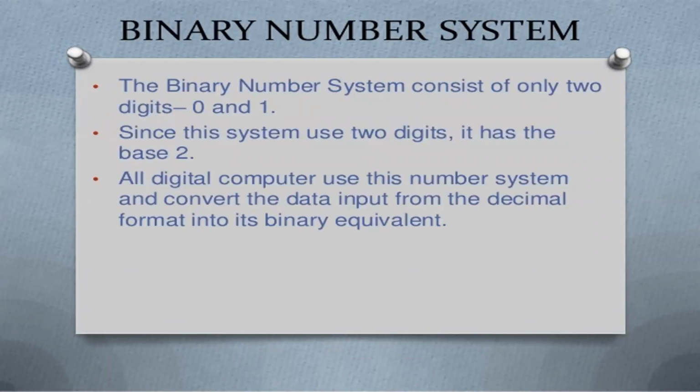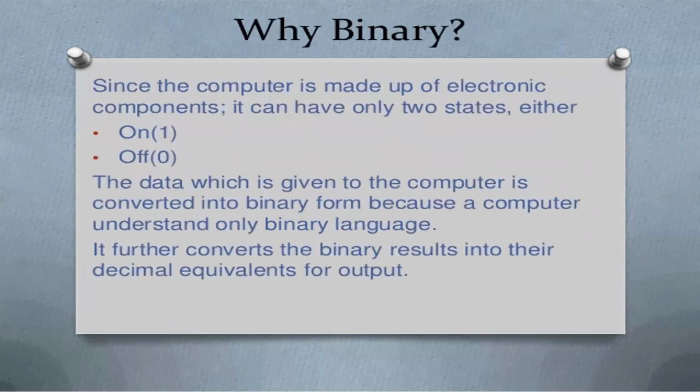And all the digital computer systems will use binary number system because we have data input which gets converted into binary. The output from the binary gets converted to the user visible form, which can be understood by the user.